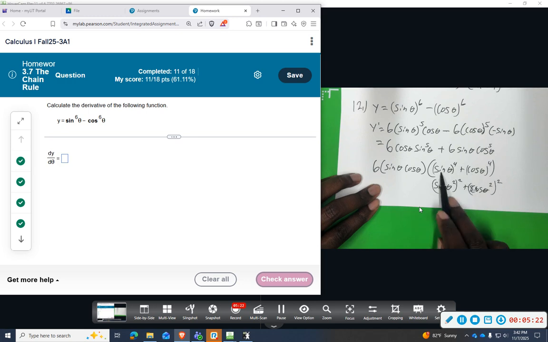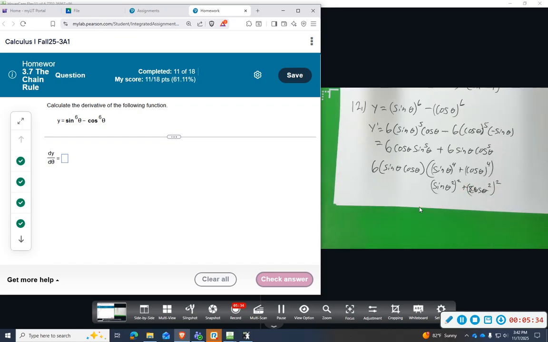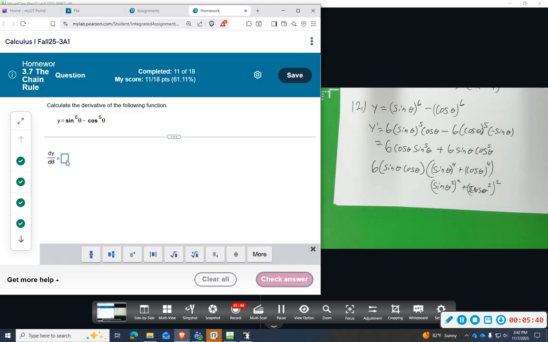Let me think about that. Cosine squared, but that is squared. Let's try it. That doesn't factor right.